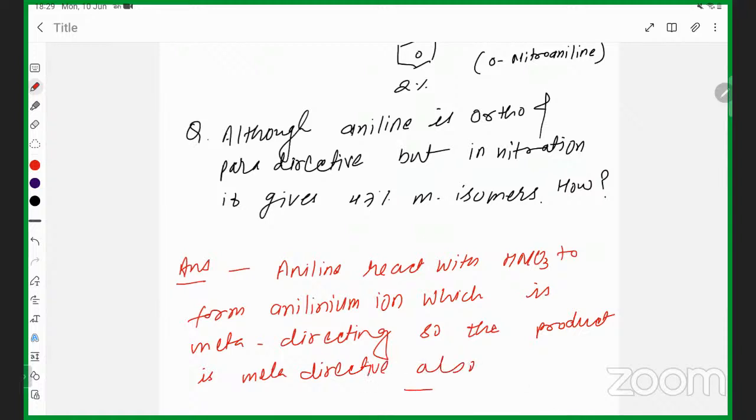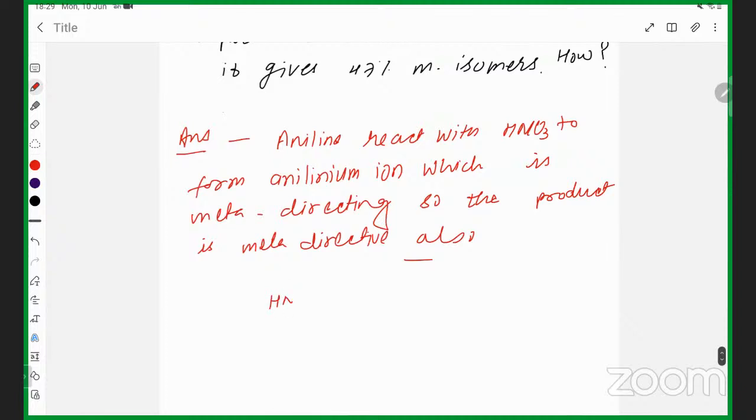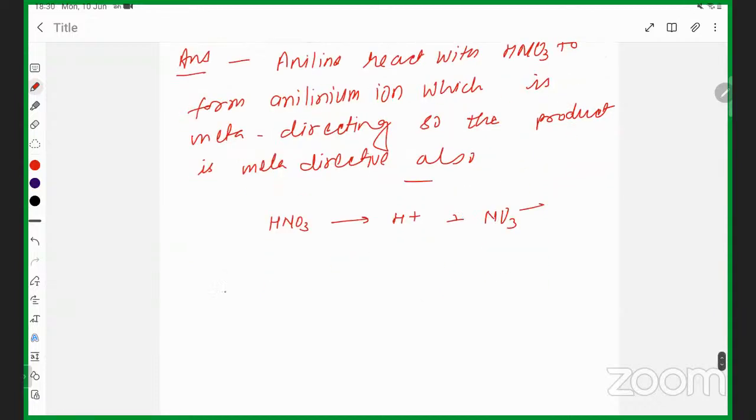Why is the product meta directive? Because the reason is it is giving the anilinium ion. HNO3 is going to give H plus and NO3 minus. So aniline, this NH2, will react with the H plus ion. So it is forming a considerable amount of NH3 plus, and this is the anilinium ion.